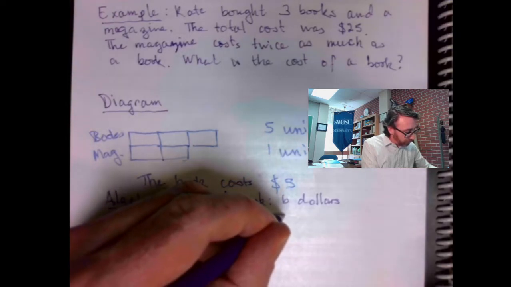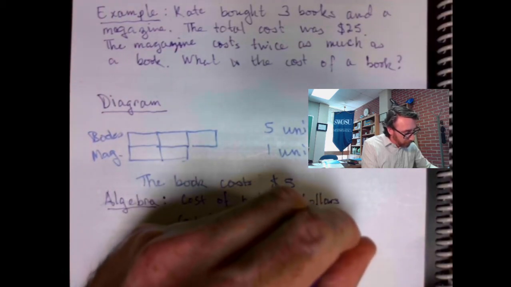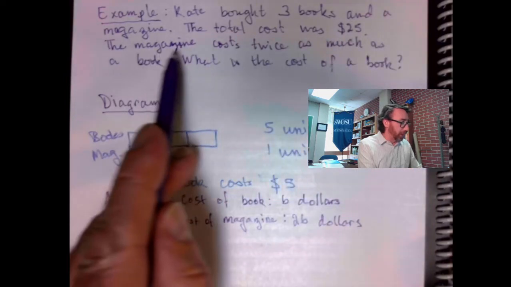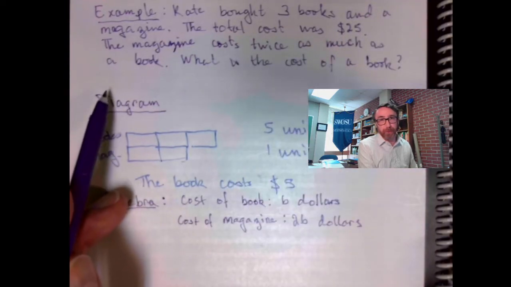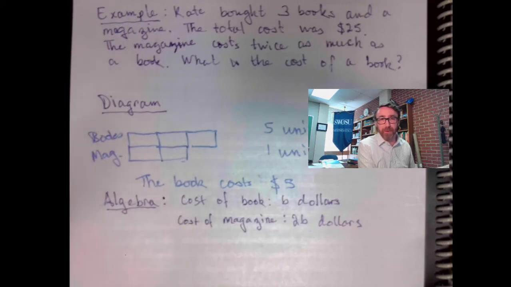The cost of a magazine would be 2B dollars, right? They state that in the problem. The magazine costs twice as much as a book. So whatever the cost of the book is, you multiply that by 2, you get the cost of the magazine.